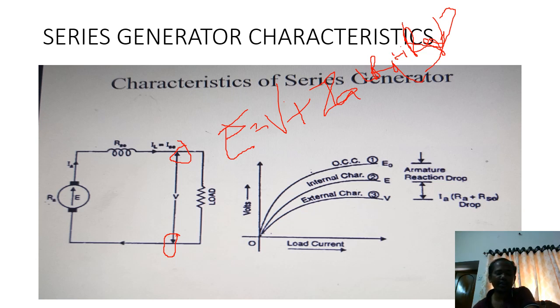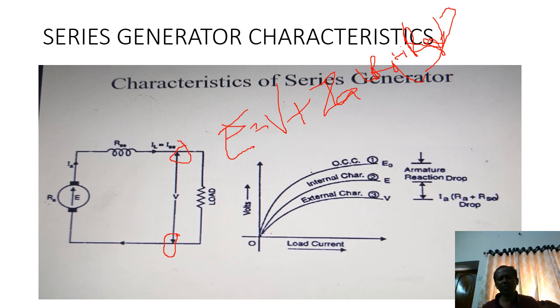Due to the effect of armature current and armature resistance, there is a small drop IaRa. When this drop is subtracted from the induced generated EMF E0, you will get the terminal voltage V. That is called the external characteristic of a DC series generator.